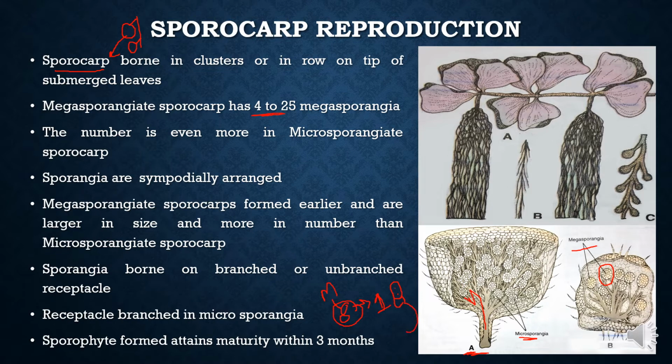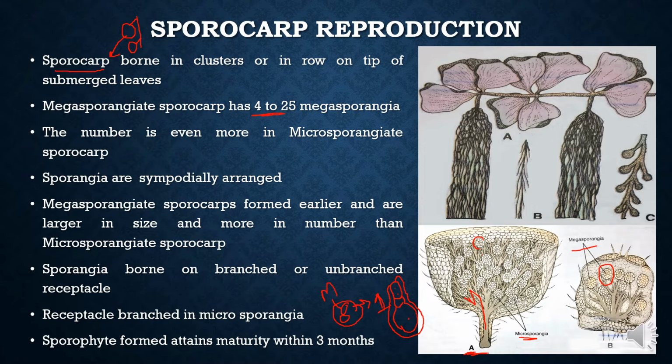This single megaspore forms a single celled binucleated neck, a single celled venter, and a single celled large egg cell.